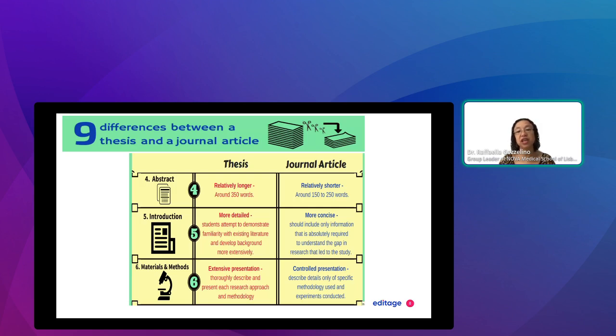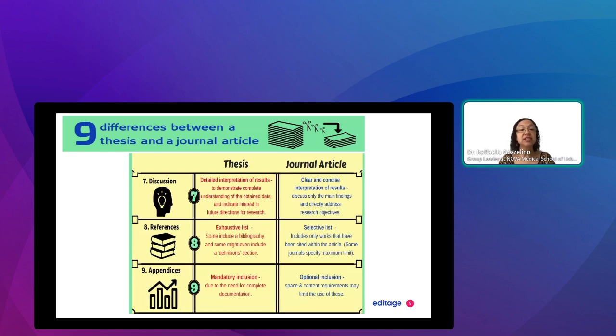But in journal articles, again, it is a very narrow type of description because you need just to describe the methodology referring to the experiments that you conducted, not showing that you did master a lot of techniques, right, as in the thesis.